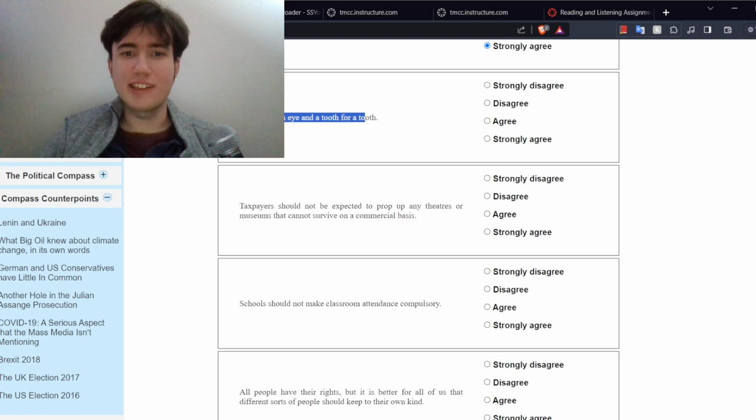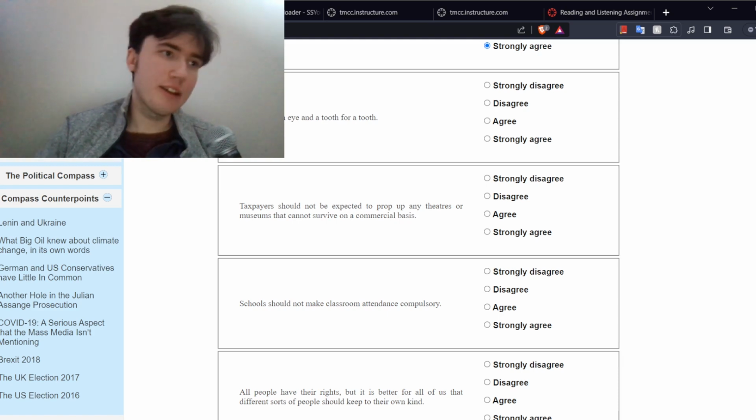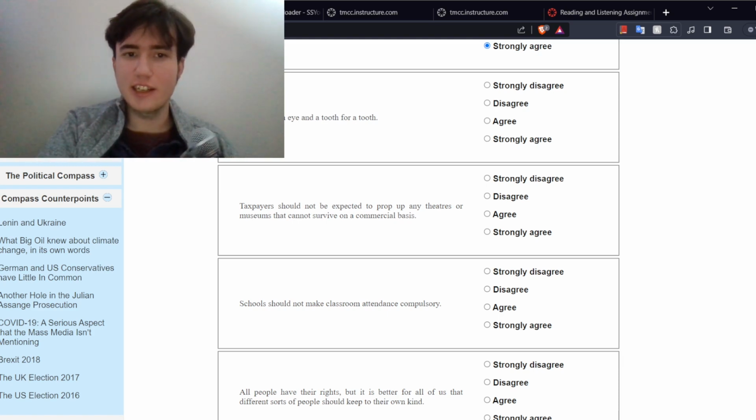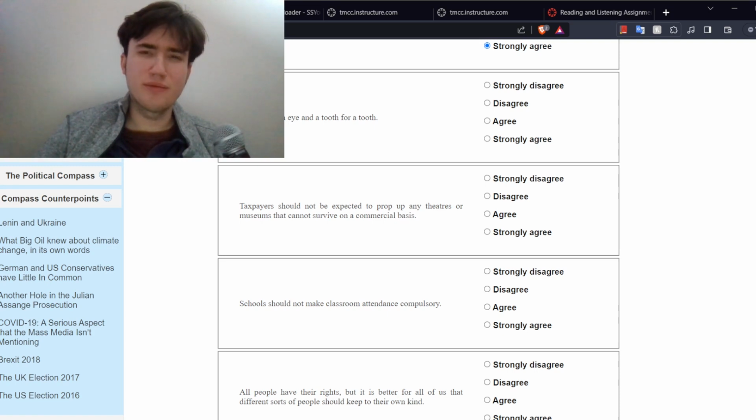But yeah, this is an old thing that comes from the law code of Hammurabi back in the Babylonian times. And it was kind of an interesting idea at the time, that a punishment should fit the crime. But I don't agree with that.